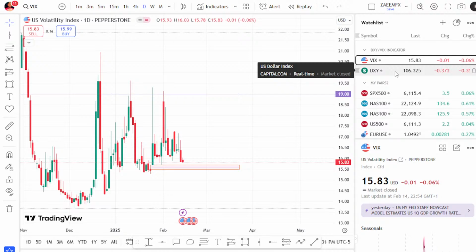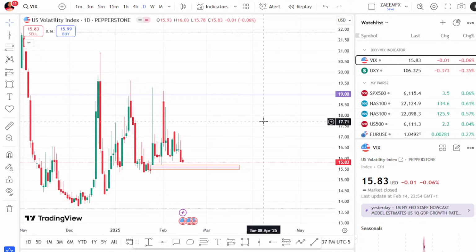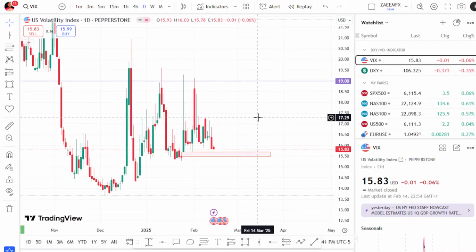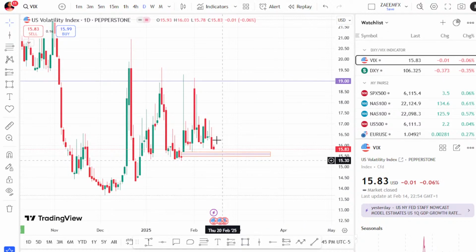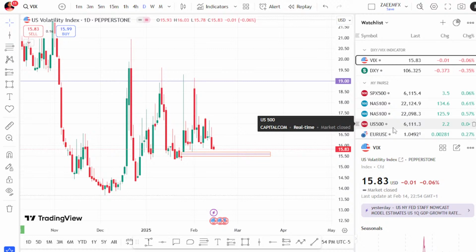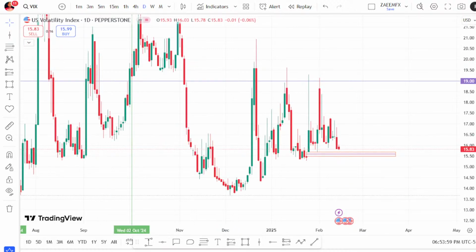Despite the fact that the dollar index is going up. So ultimately it's following the US volatility. That's why I'm looking at it. So if the dollar index is going down, or going up, and the VIX is going down, I'll just follow the VIX. I know that the Nasdaq will go up. So I think this is all for today. What I'm looking for on the NQ is a bullish bias for the coming week.